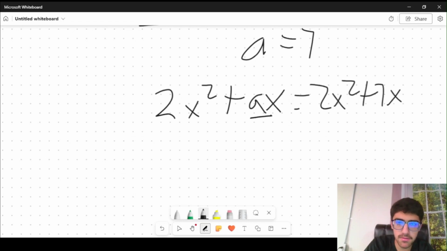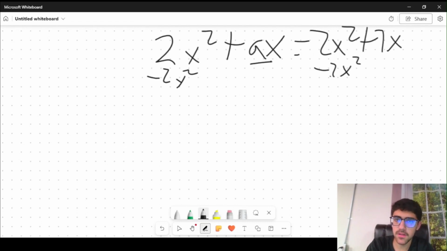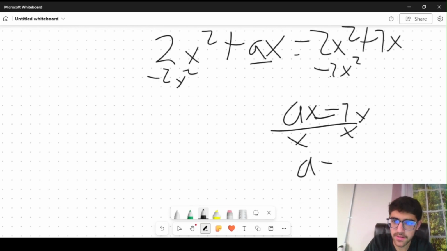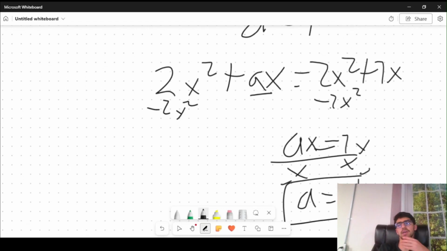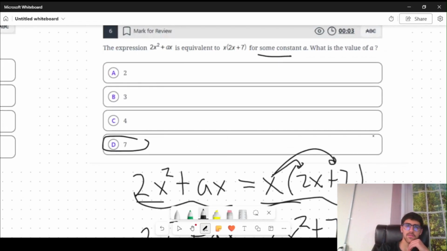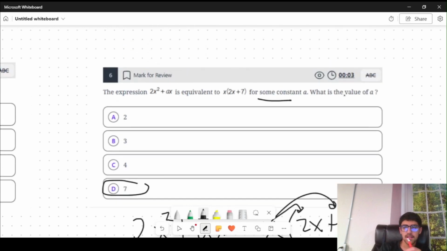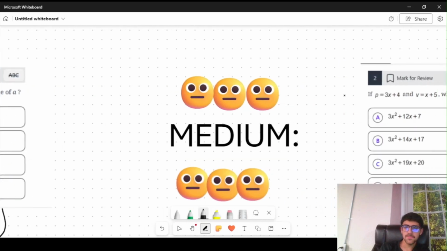We first isolate a, so just minus 2x squared from both sides. 2x squared minus 2x squared is 0. So you're left with ax is equal to 7x. And you want a alone, so just divide both sides by x. You get a is equal to 7. So that is another way to solve it. I'm pretty sure you can't solve this with Desmos, but those are two ways to solve it. So now let's move on to the medium part.